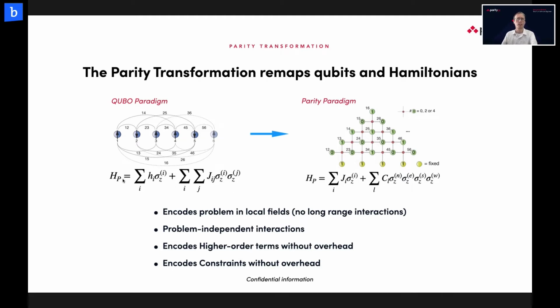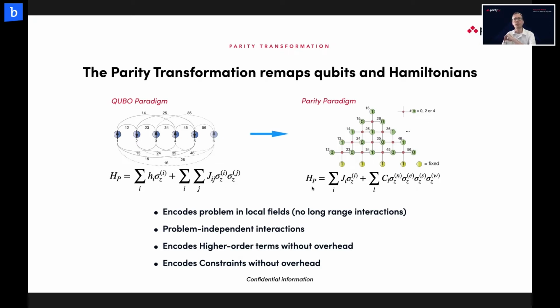But the point is that we start with this problem Hamiltonian and we completely rewrite it into a physical Hamiltonian. And what happens is that every interaction term in the original Hamiltonian becomes a single local degree of freedom. And what's nice about this is that now the original problem is encoded only in local fields acting on a single qubit, which is much nicer to deal with than other sorts of complicated things.